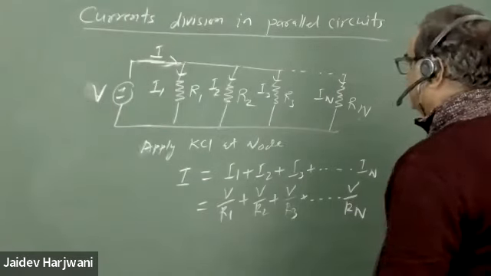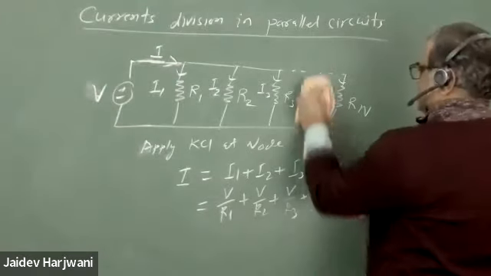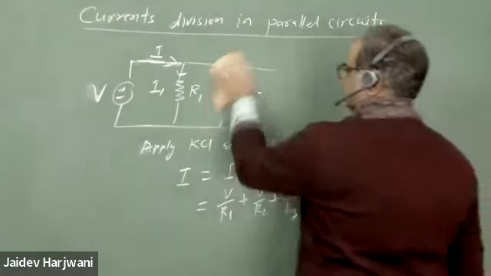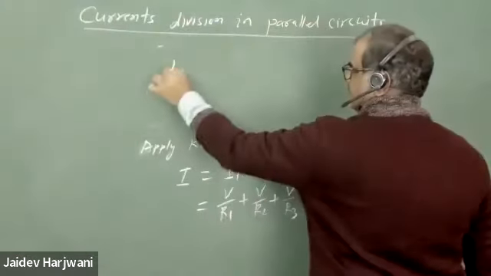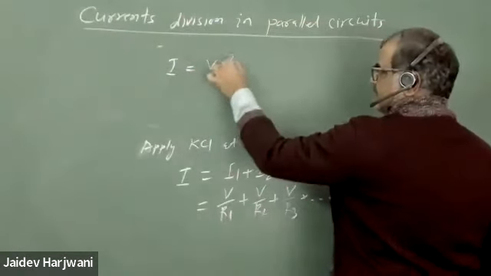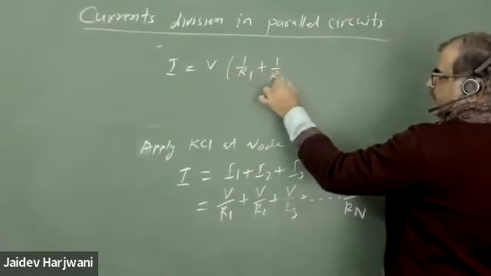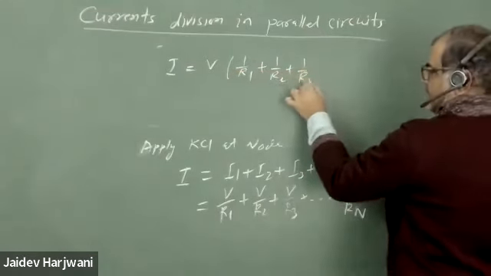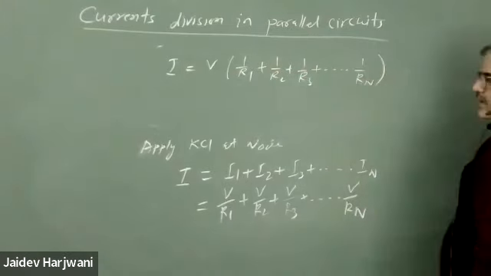So now you can write I equals, you can take V common. You can put 1 by R1 plus 1 by R2 plus 1 by R3 and 1 by Rn.